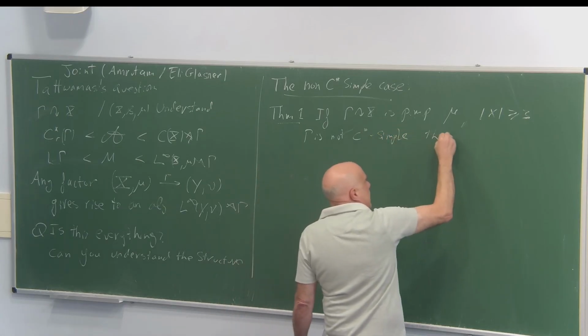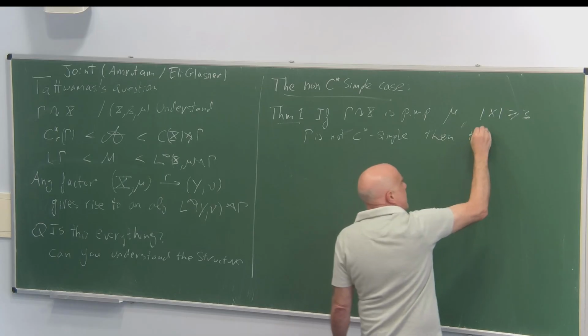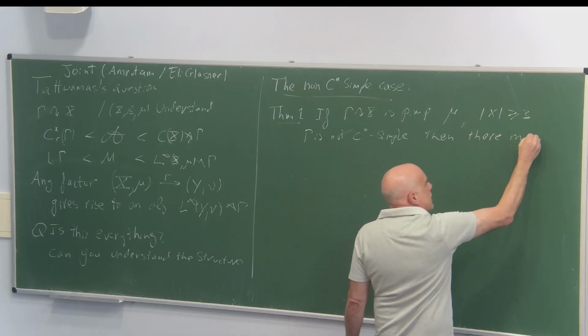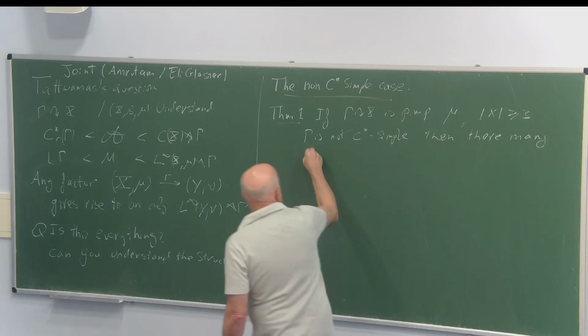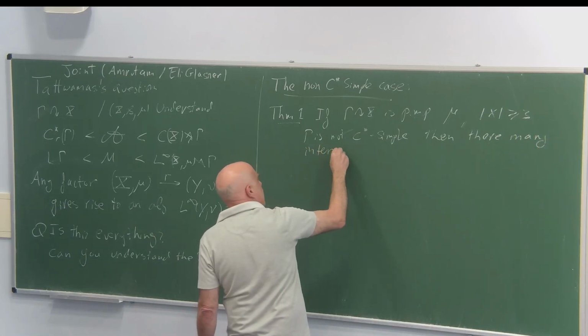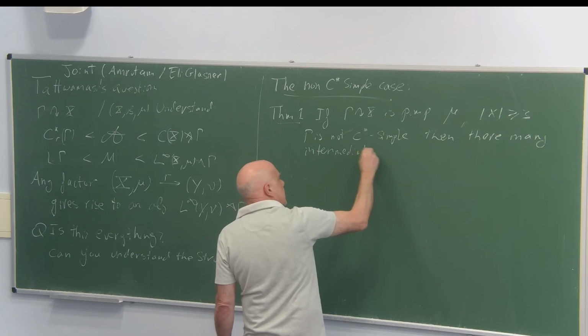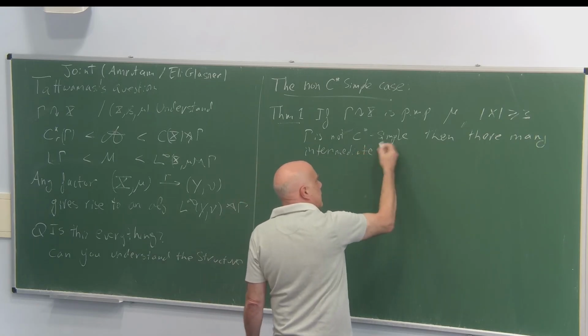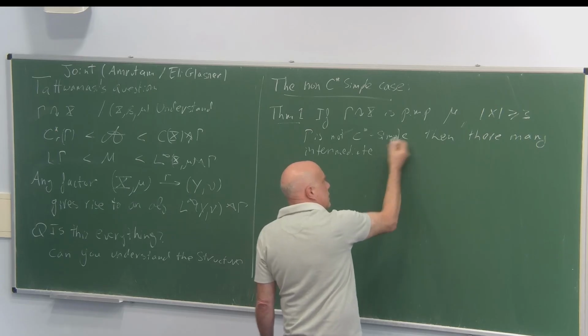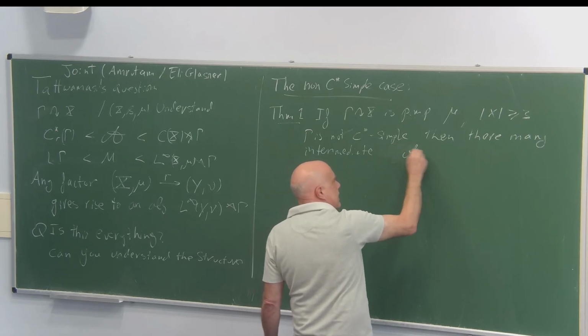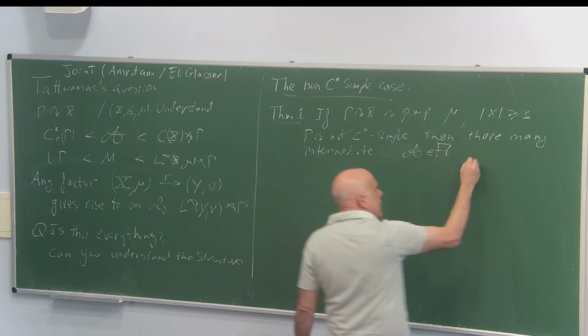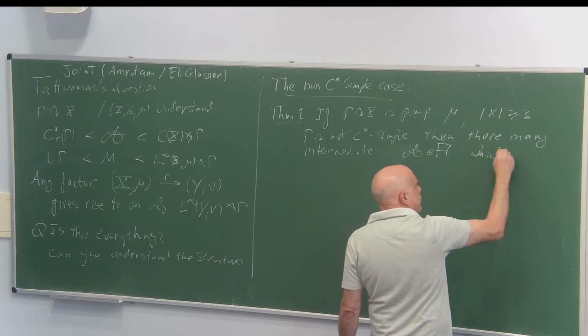Then there are many intermediate algebras, let me just write curly A inside this square A, which do not come from dynamics.